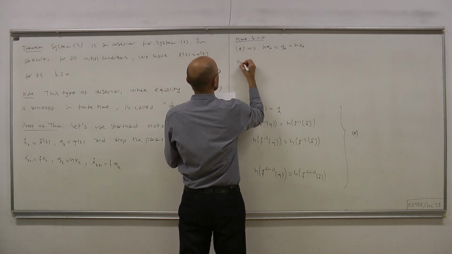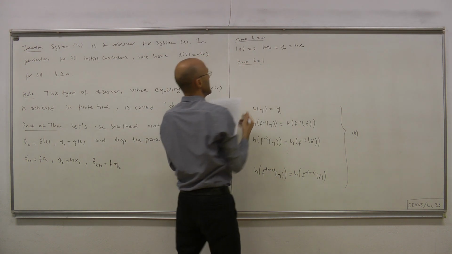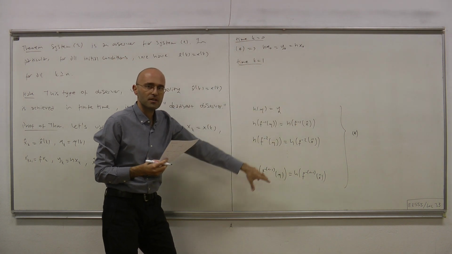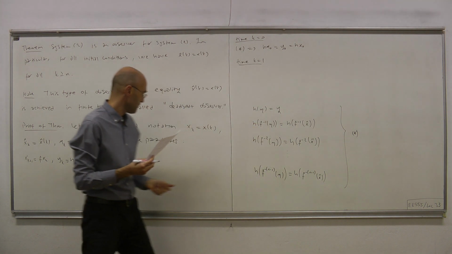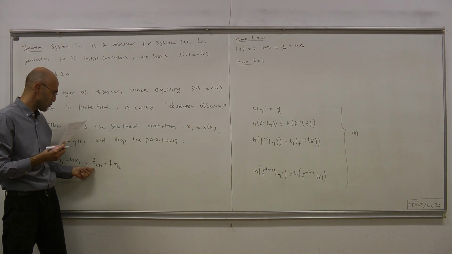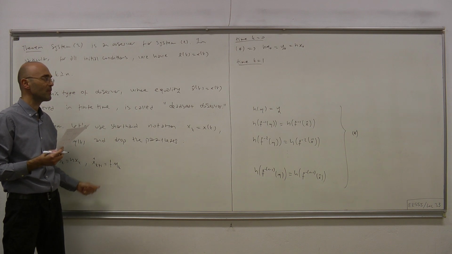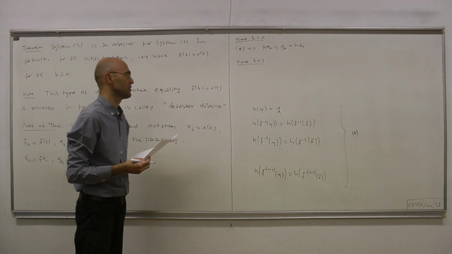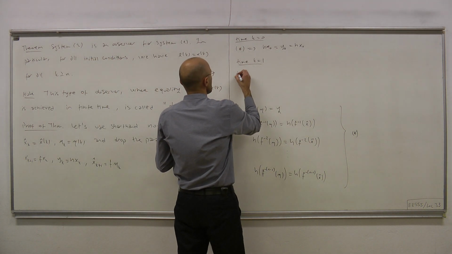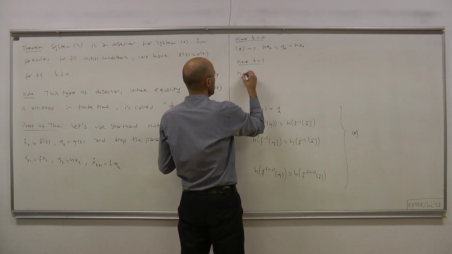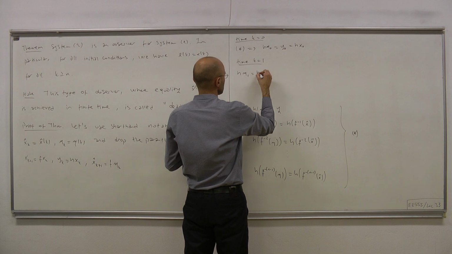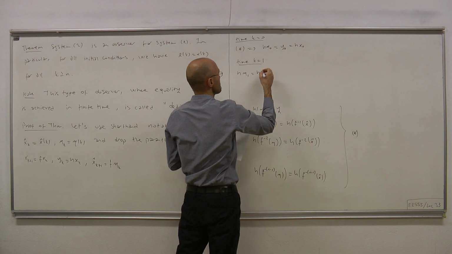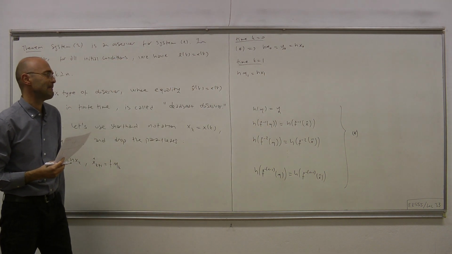Then we move on to the next time, k equals 1. Now the observer solves this equation, and it produces an eta, that's eta 0. It plugs that eta 0 here and computes x hat 1. Okay. And then at time k equals 1, it resolves this equation. So in that case, at time k equals 1, what we have is h eta 1 equals y 1, and y 1 is h x 1. Okay.